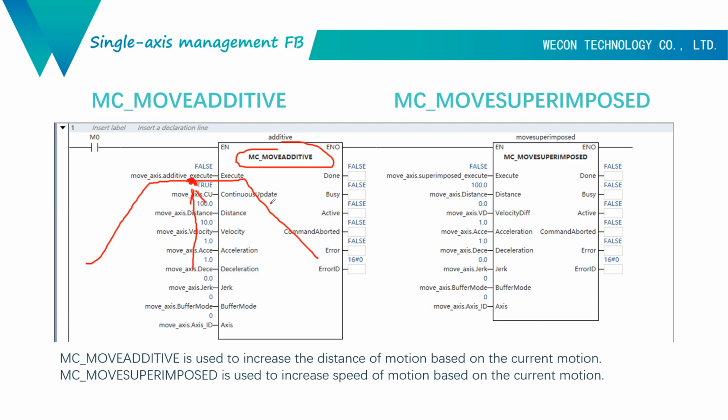For example, here if we set its distance as 100, speed as 10, and the acceleration and deceleration as 1, the movement will change like this.